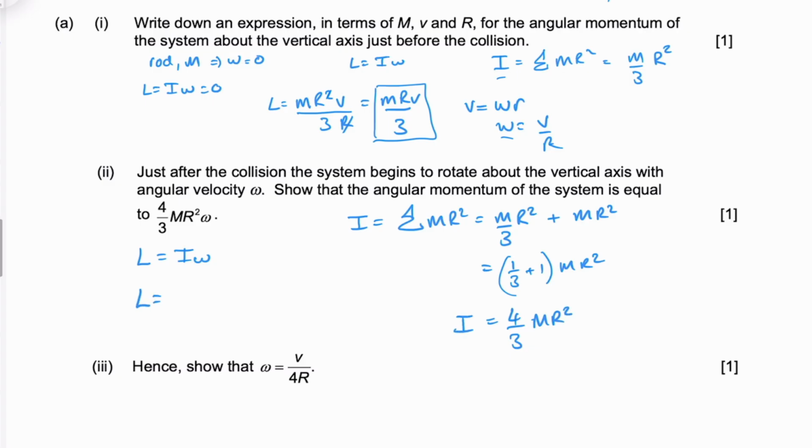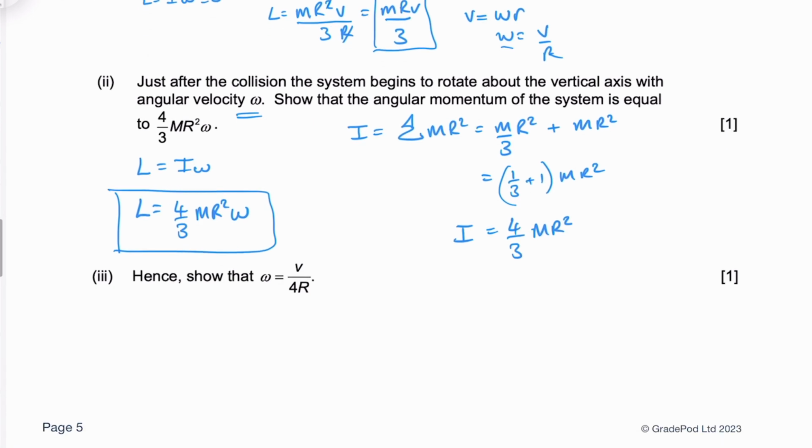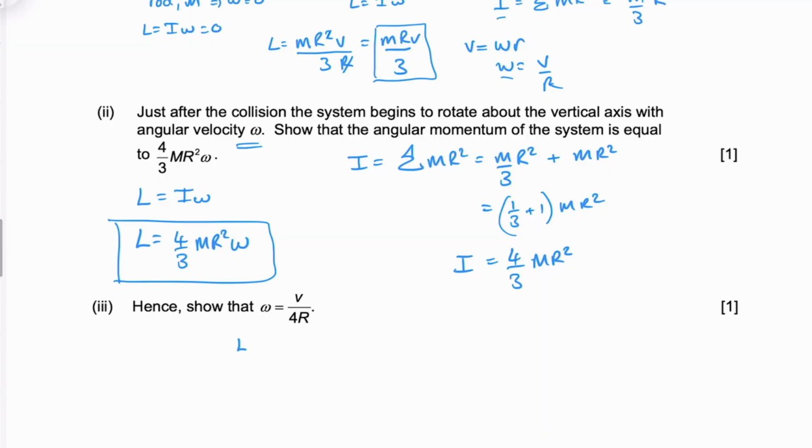So now our expression for the angular momentum is 4/3 mr² omega, because the angular velocity of the whole system is omega. That is our momentum after. Hence show that omega equals v/4r. I think we're going to use this expression: momentum before equals momentum after.